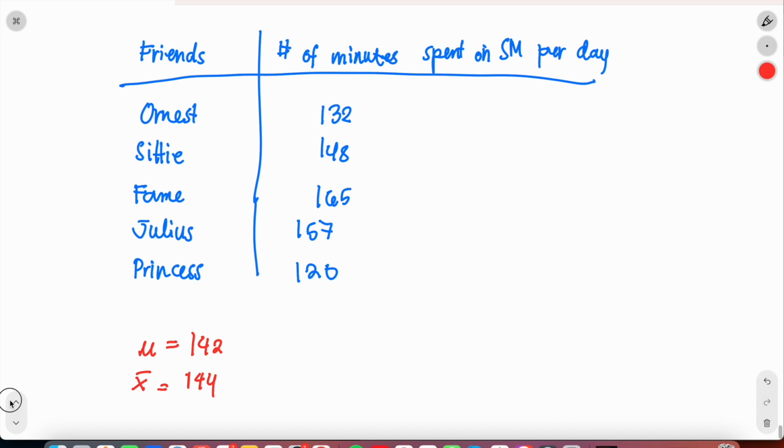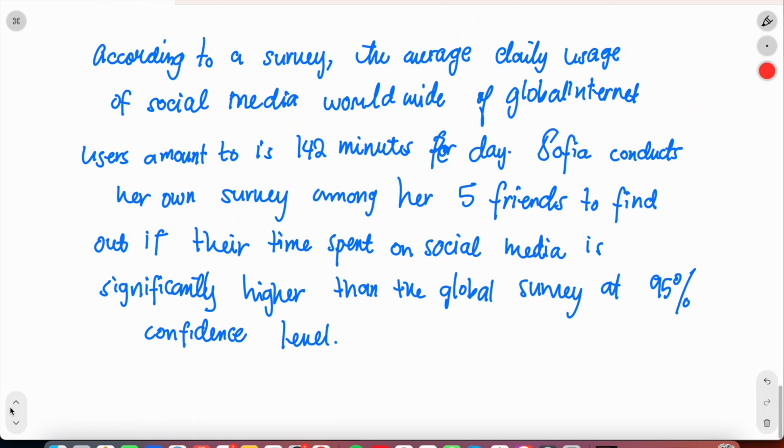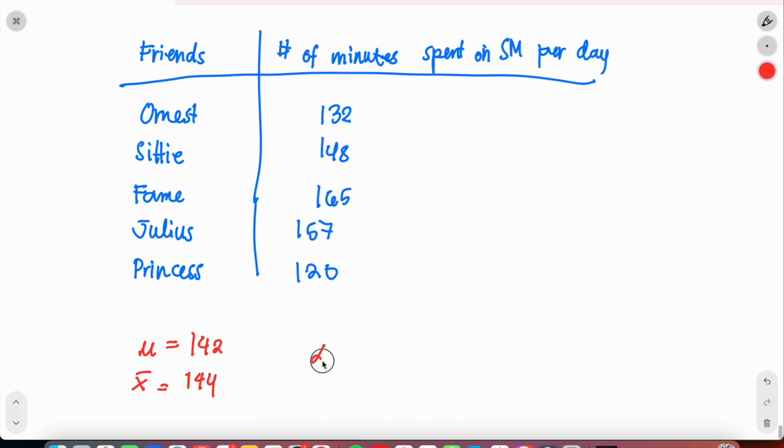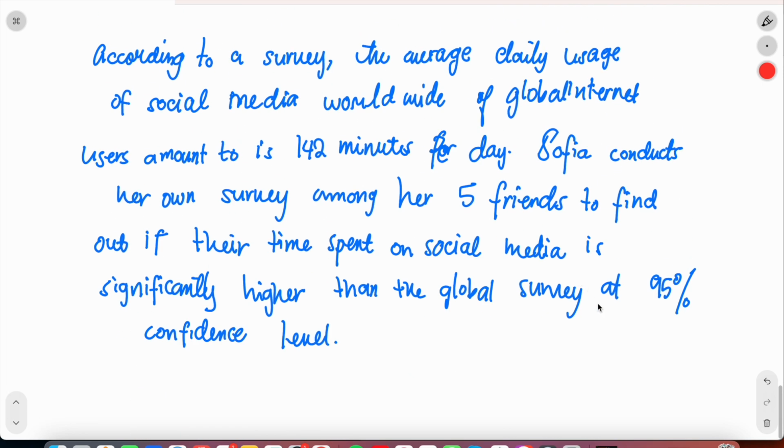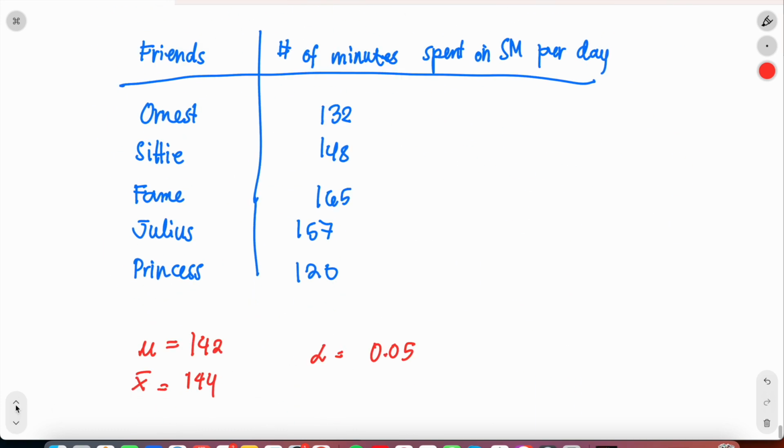What are the other givens? We have alpha here. The alpha here is 0.05. Why? Because the confidence level is 95%.